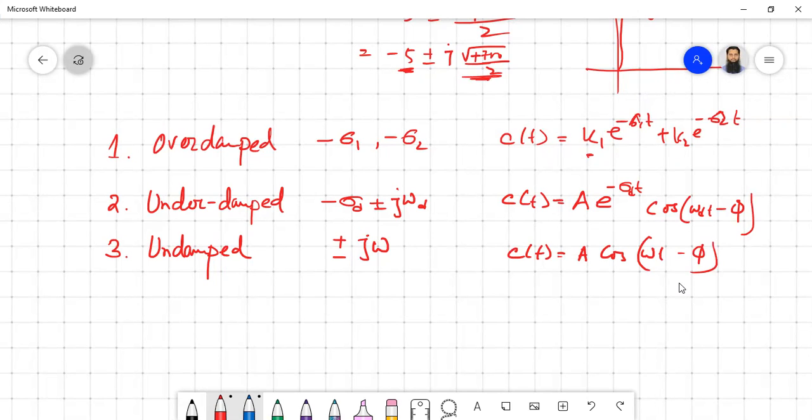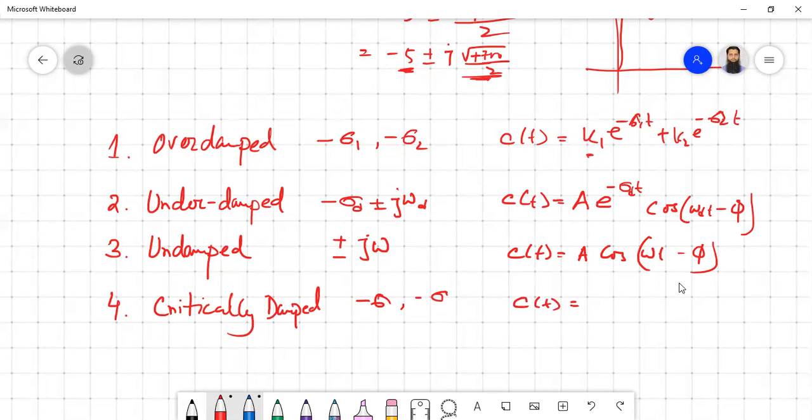Now the fourth case was critically damped. What we had was both poles at the same location, maybe sigma 1 or sigma, the same location. What was the scenario here?